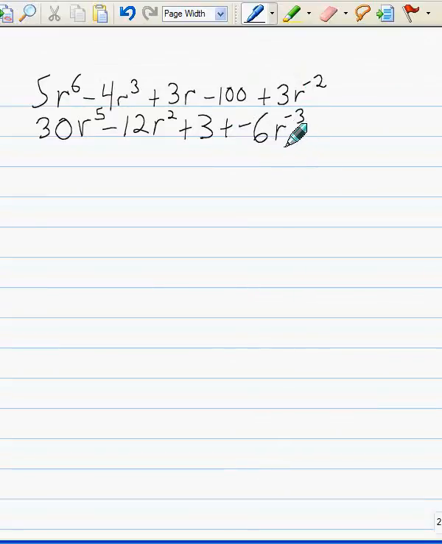And keep in mind, it's easy to forget if you don't work with exponents on a daily basis, that this r to the minus 3 exponent says that this term is the same as 1 over r to the 3rd power, but times 6. So that's going to be minus 6 over r cubed is the same thing there.